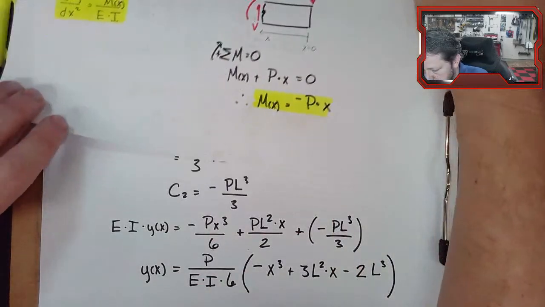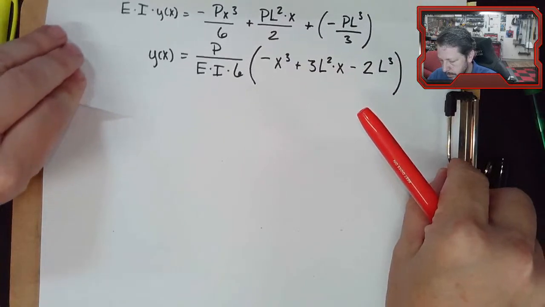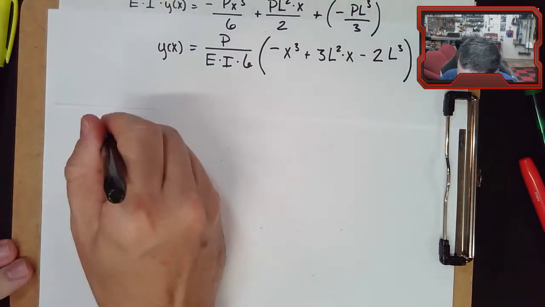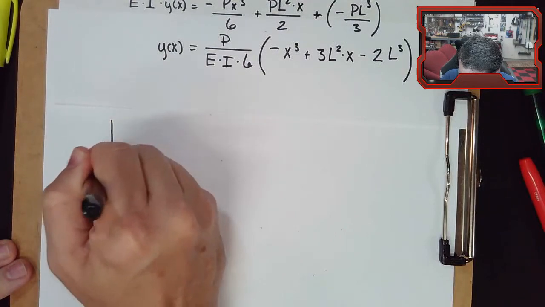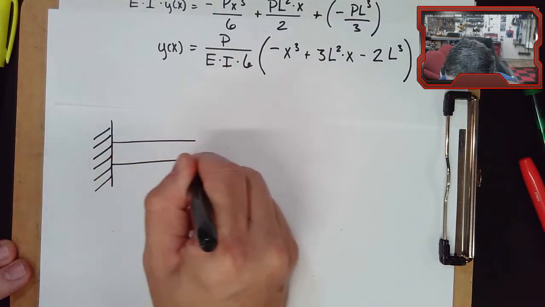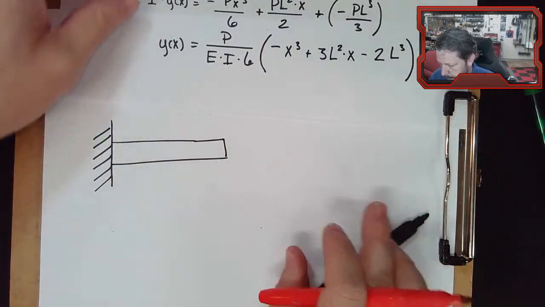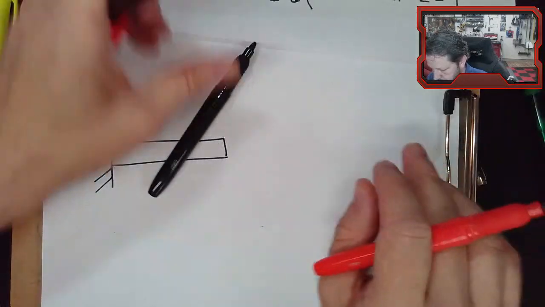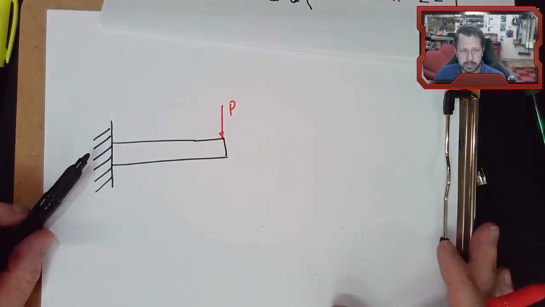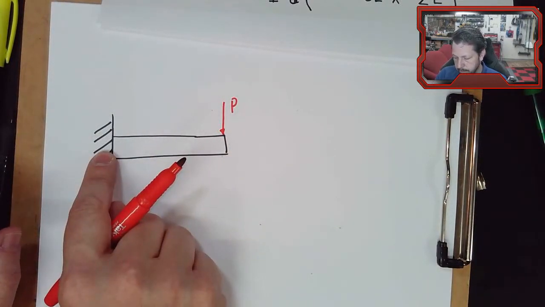So this equation, if we changed up our beam a little bit, so if we have this, then we're fine, as long as we start at x equals 0 and x equals L at the wall.